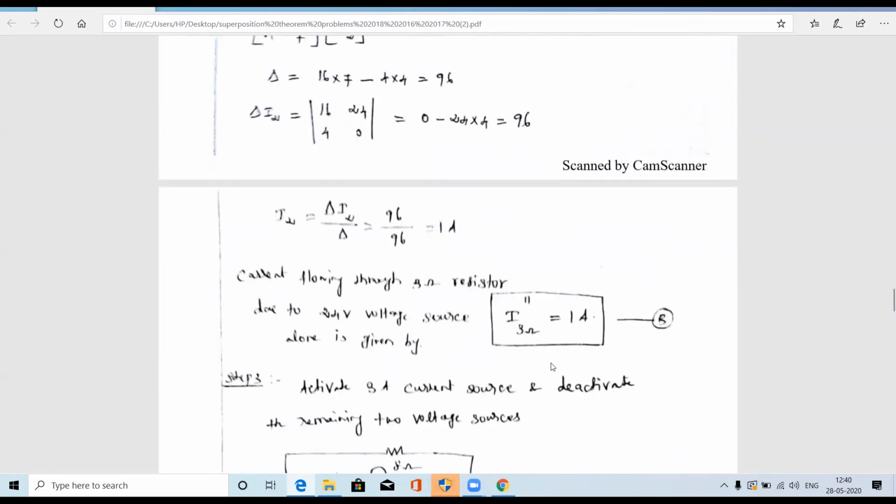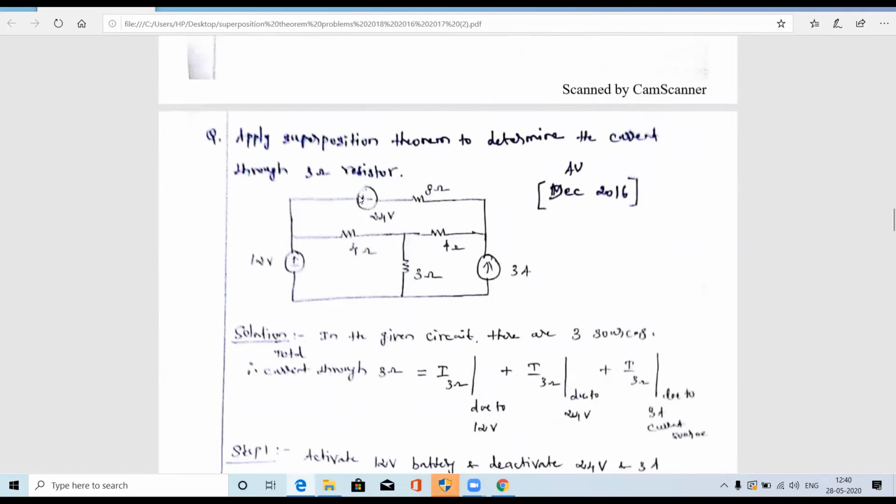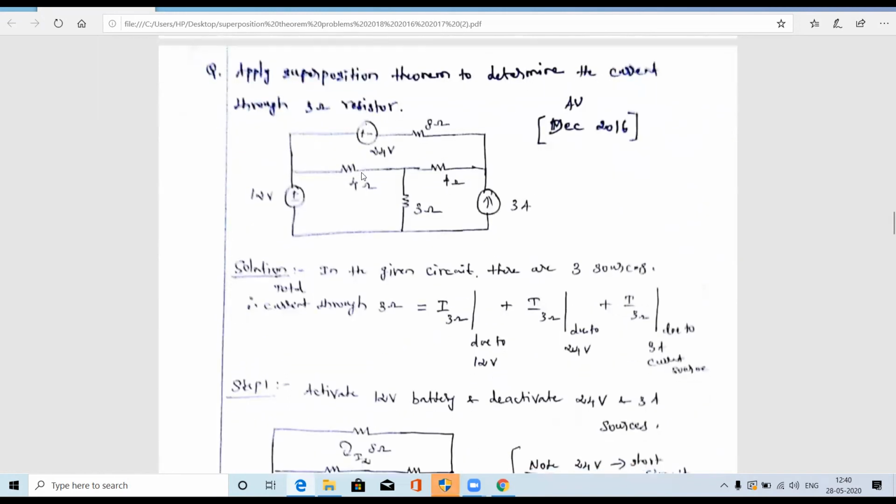Okay, so we will see a quick review. In the given diagram, there are 3 sources, 2 voltage sources and 1 current source. According to the superposition theorem, at any time we have to make one source active and the remaining 2 sources we have to deactivate.